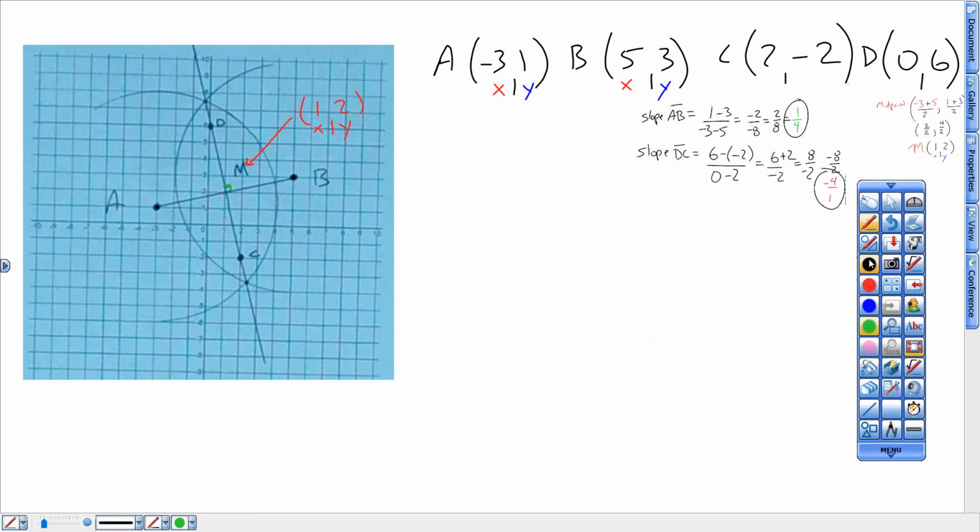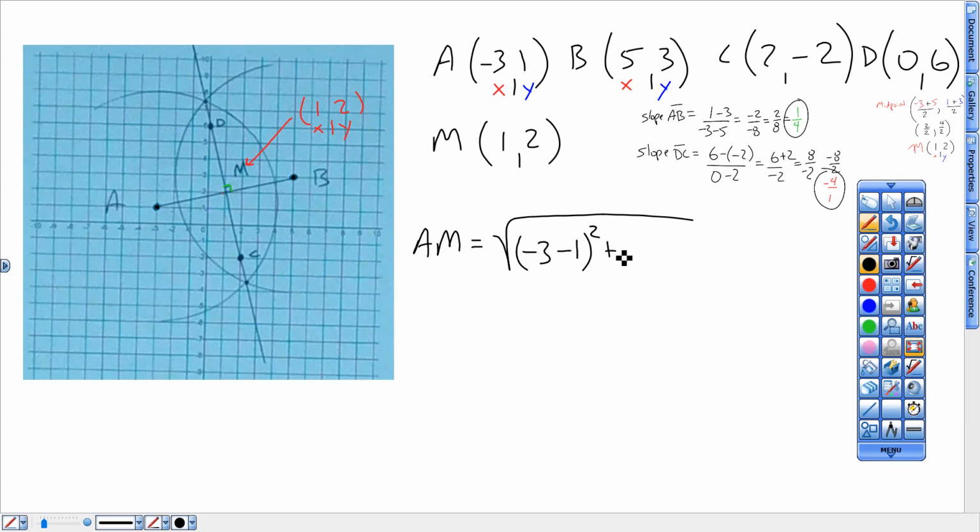All right, last part of the work, last word. Distance between A and M. Let's write the point M first. M is the point 1, 2. If I do AM, the distance between that, that's going to be the square root of the x numbers being subtracted plus the y numbers being subtracted.